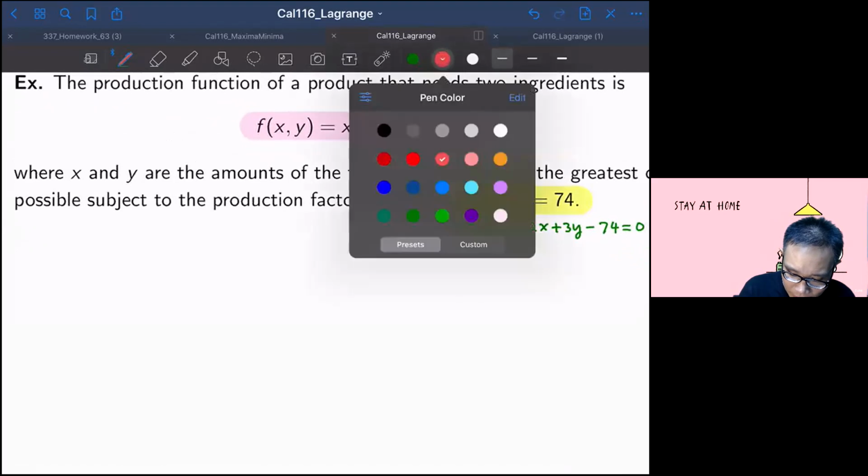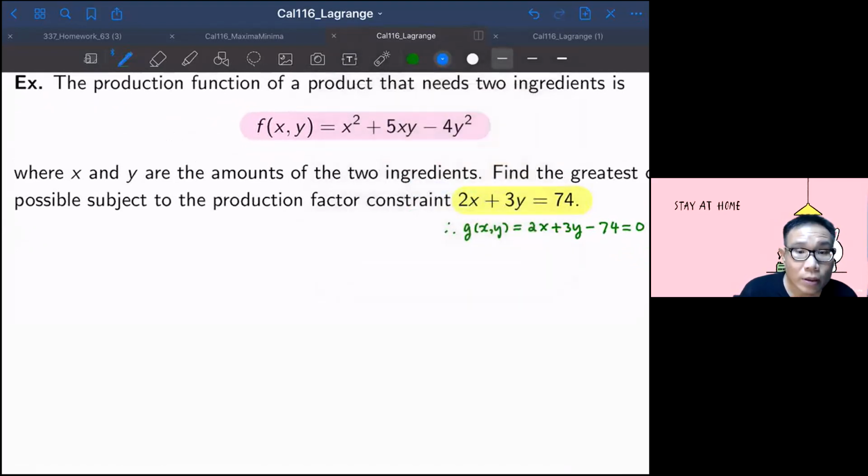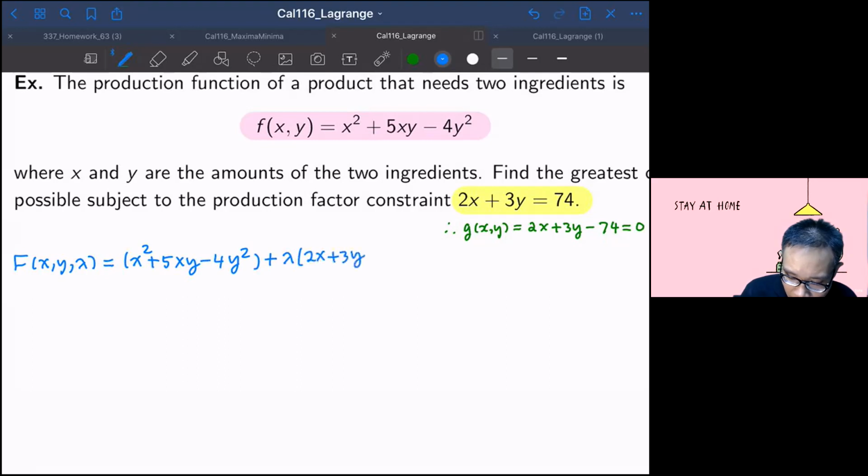So you're gonna construct the function F(x,y,lambda) equal to x squared plus 5xy minus 4y squared, plus lambda times g(x,y), which is 2x plus 3y minus 74. So you have F(x,y,lambda) given by this function.